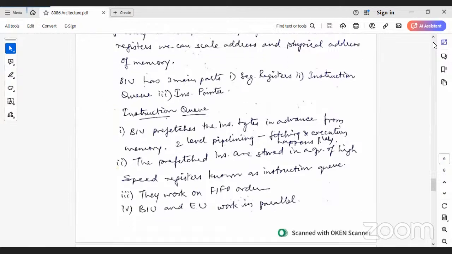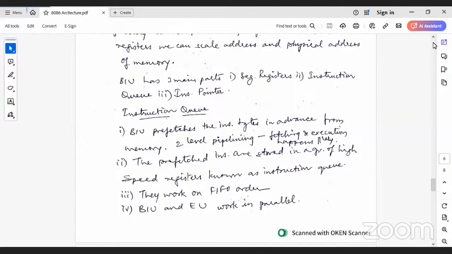Now, what does each block do? The instruction queue prefetches, which means it will fetch and keep those instruction bytes in advance from the memory. And two-level pipelining is: fetching is done by BIU, execution is done by the EU. So simultaneously the two works will be taking place. That is why it is called two-level pipelining.